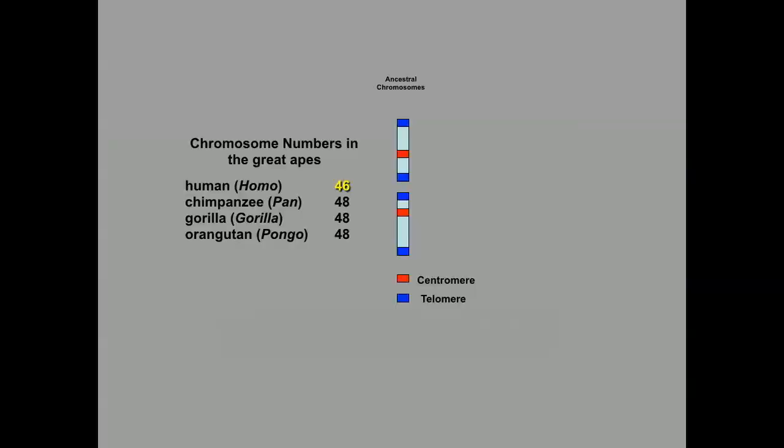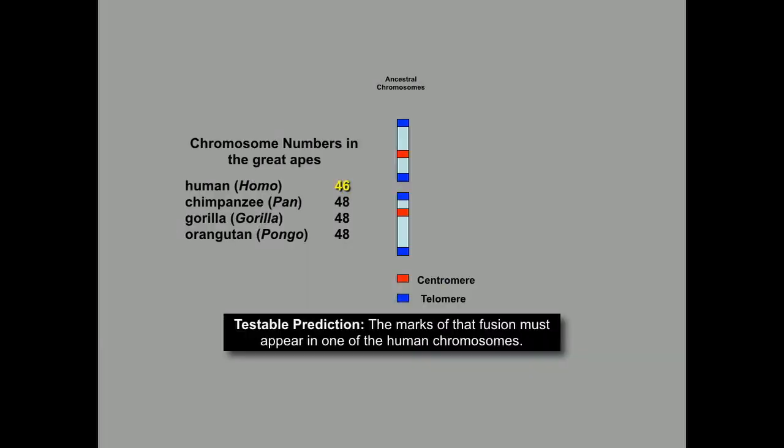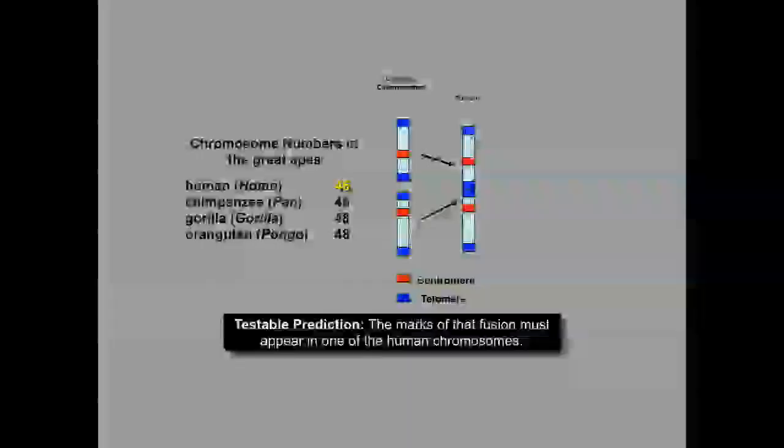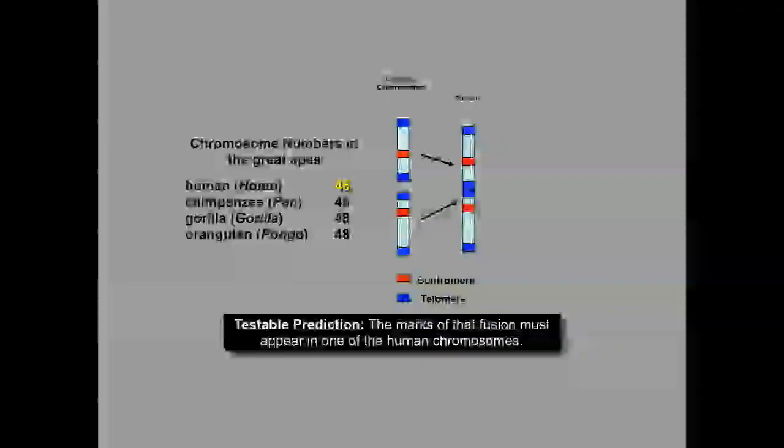If you and I are carrying around a chromosome right now that was formed by the fusion of 2 separate chromosomes, you know what it should look like? It should have telomere DNA, that's shown in blue on the slide, in the middle of the chromosome. And that fused chromosome should also have 2 centromere sequences. If we scan our genome and we don't find a chromosome like that, the hypothesis of common ancestry is in big trouble.